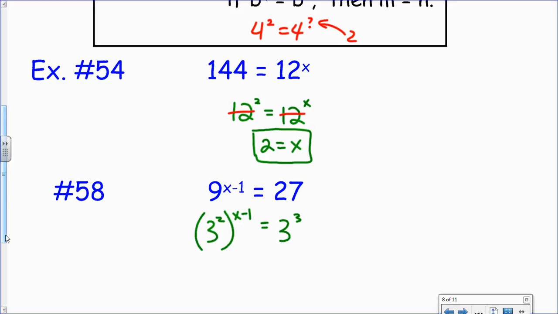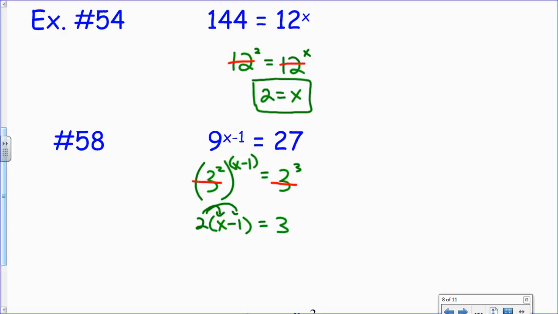Okay. These are single terms, even though you have stuff here, that's okay. The exponent doesn't matter. You want the common base. So then you can cancel the 3's. And you have 2 times x minus 1. So you have to be careful and make sure you distribute that 2 and then equals 3 on the right.